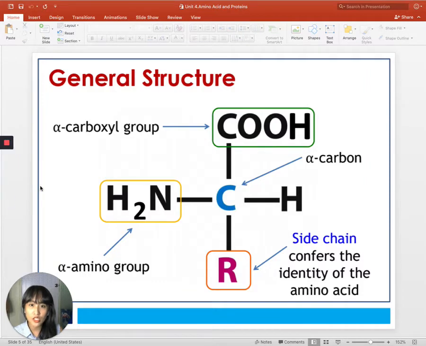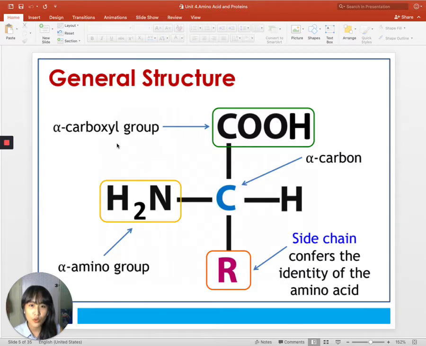Amino acids share common structural features. They are colorless, non-volatile crystalline solids and can be denatured at above 200 degrees Celsius. The general structure of an amino acid contains four functional groups.